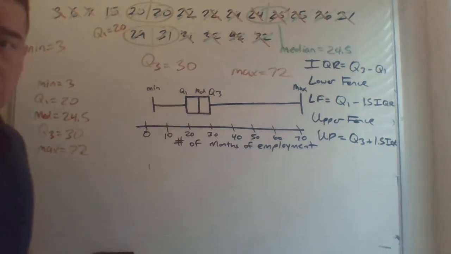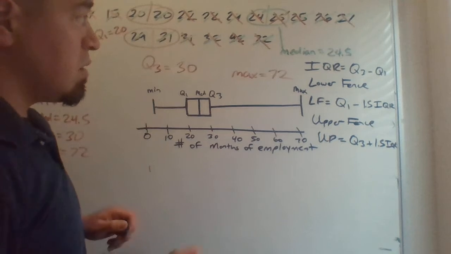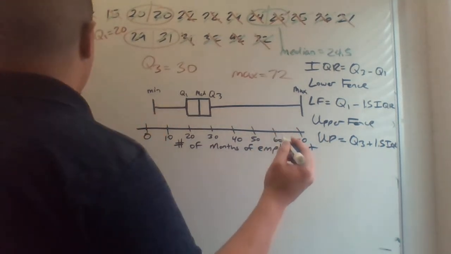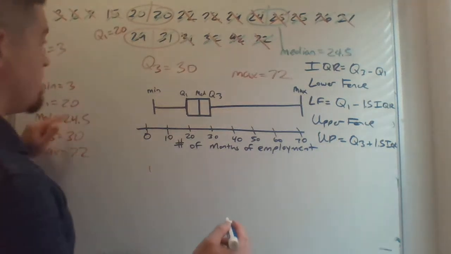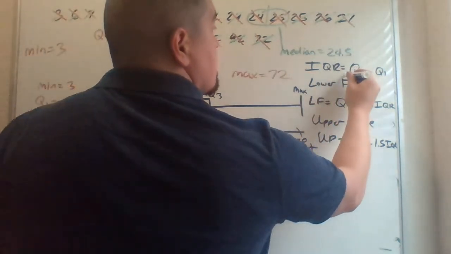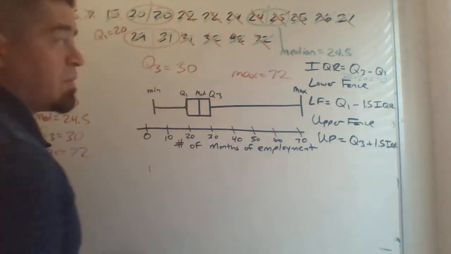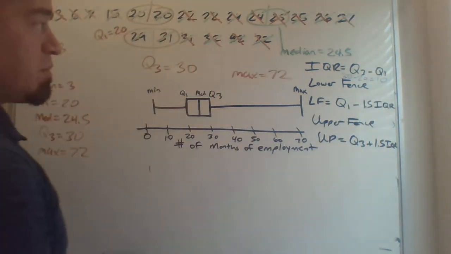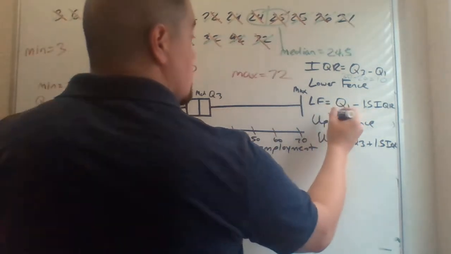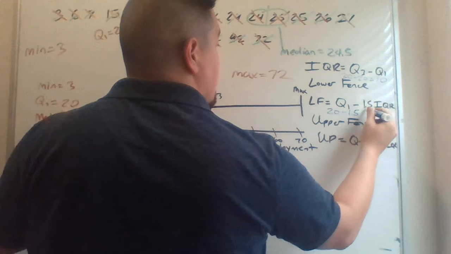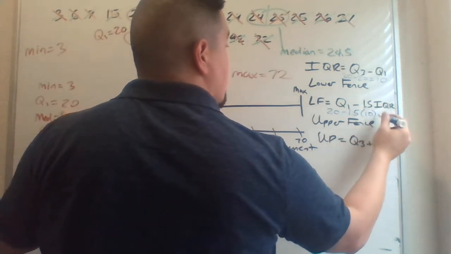Okay, so we'll use these formulas. Basically I'll just calculate the IQR. Q3 is 30 minus 20, that's 10. So that's the IQR. The lower fence would be Q1, which is 20, minus 1.5 times 10, the IQR.